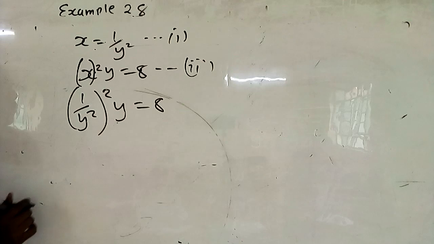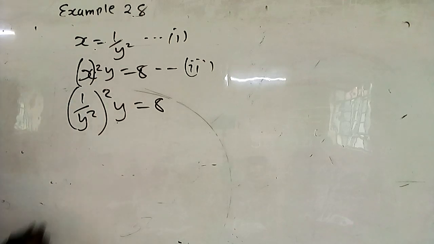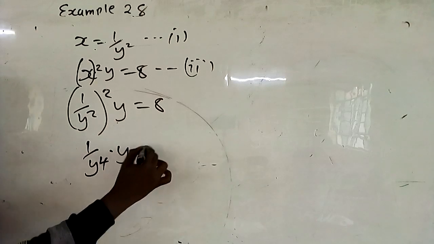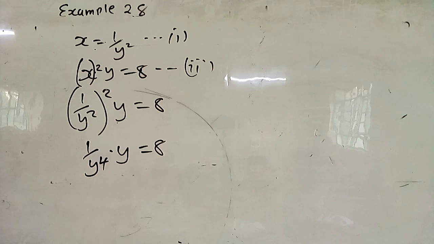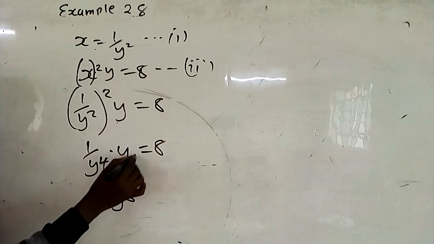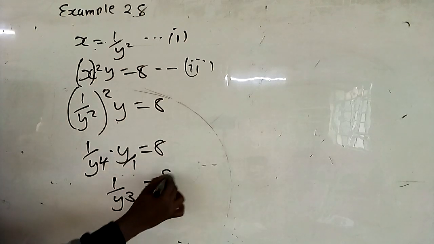So 1 over y squared, with the power outside, is the same as 1 over y to power 4, times y, is equal to 8. You remain with 1 over y to power 3, because the y cancels with one of the y's, to be equal to 8.